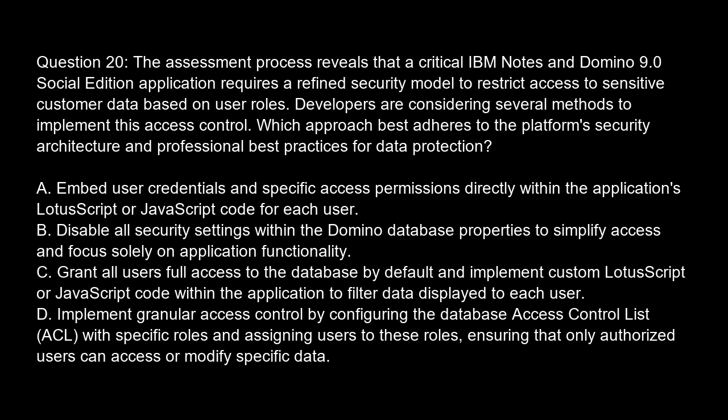Option C. Grant all users full access to the database by default and implement custom Lotus script or JavaScript code within the application to filter data displayed to each user. Option D. Implement granular access control by configuring the database access control list, ACL, with specific roles and assigning users to these roles, ensuring that only authorized users can access or modify specific data.